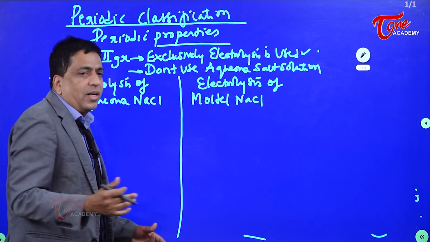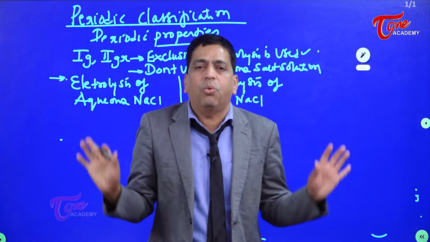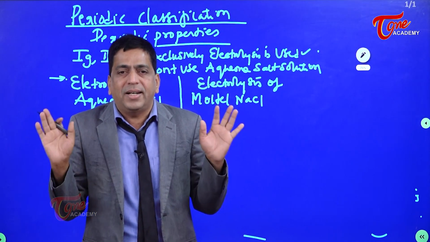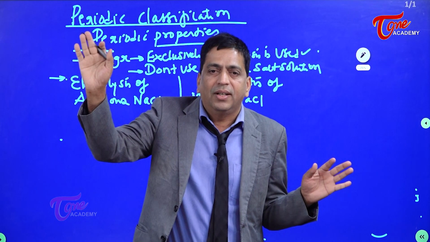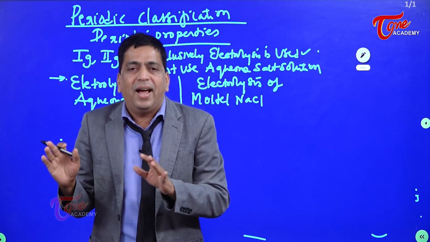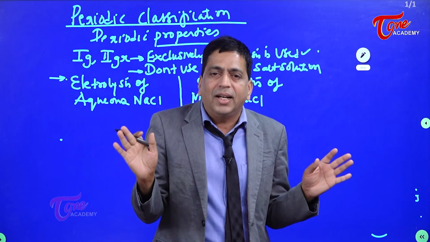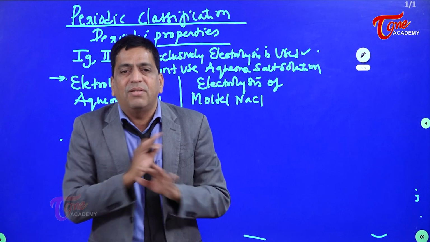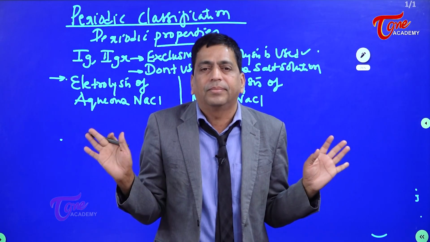Now when I say molten NaCl, it's pure NaCl without water. By molten I mean I have melted it down to its melting point. Sodium chloride has a melting point and I have melted it and it has become a liquid. That's what I call molten NaCl. Molten NaCl doesn't have water.